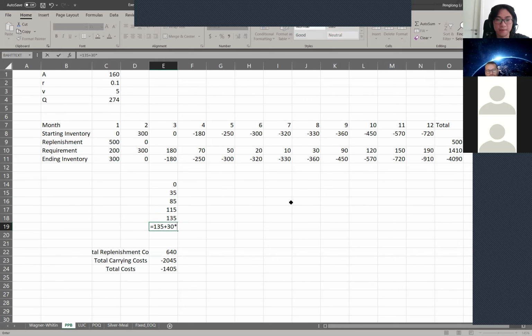The next is 30, for 5 months. And it's finally above 160. And you see that it's 50 from here and it's 25 from here. So which means we satisfy the demand of the following 5 months.